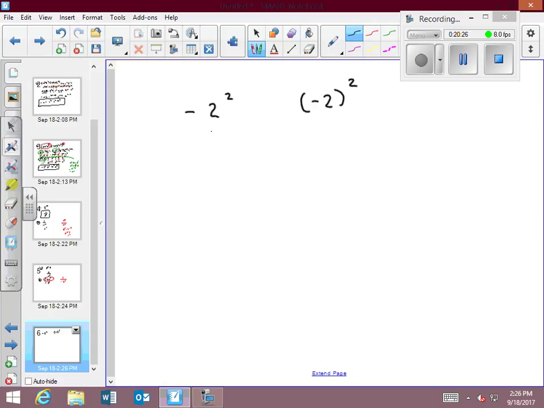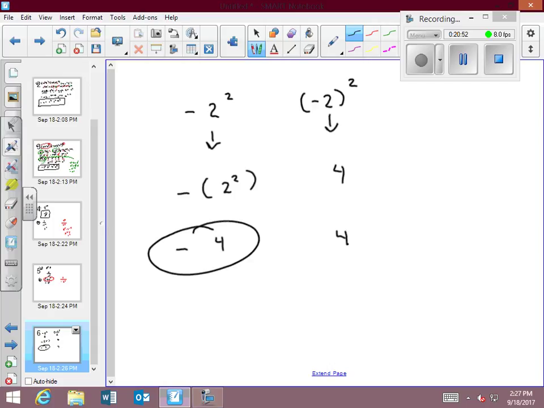Because this one says opposite sign of 2 squared. This one says square minus 2. What's the square of minus 2? 4. This says opposite the square of 2. So this one is minus 4, this one is 4.